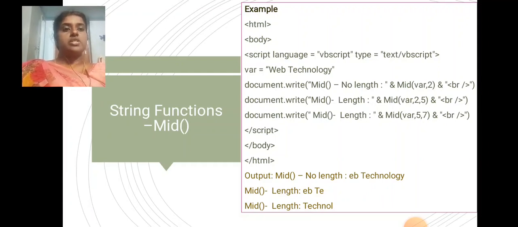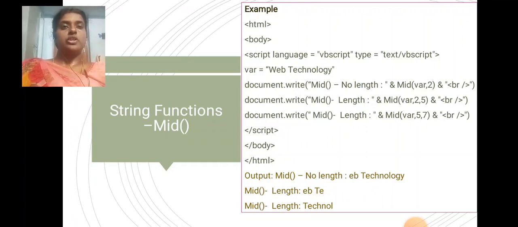So, in the first option what we did is mid where comma 2. The variable is the variable in which you would like to perform the extraction, and 2 is the position from where you would like to perform the extraction. You are giving that alone, you are not giving the length. How many characters you want to extract, we missed it.